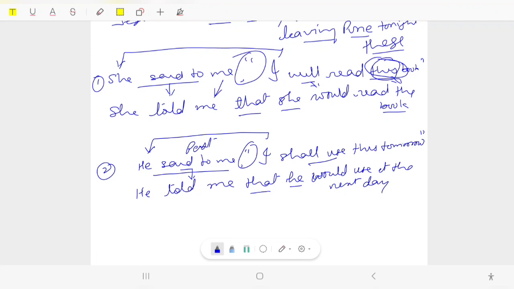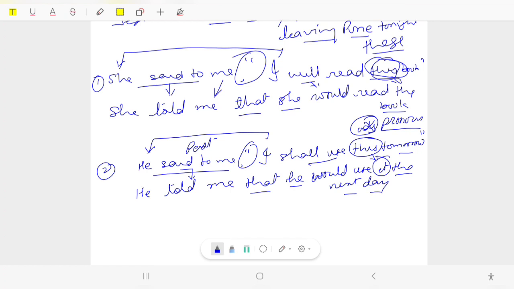He would use this. Now this one is not used here as an adjective. It is used as a pronoun. So when "this" or "these" are used as pronouns, they change into "it." And "tomorrow" becomes "the next day."